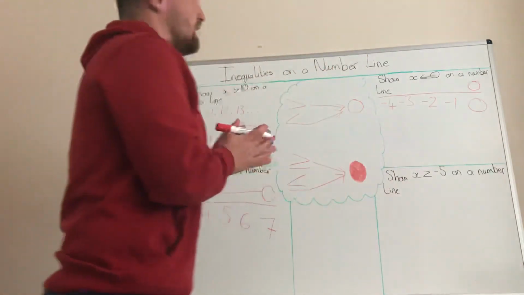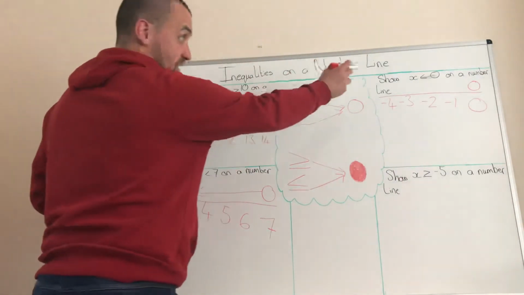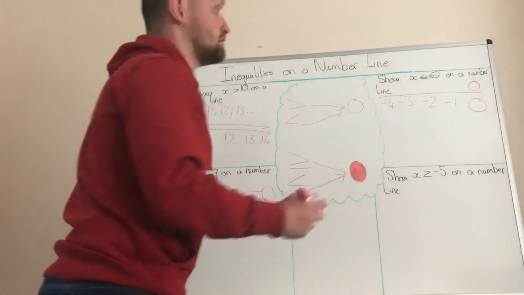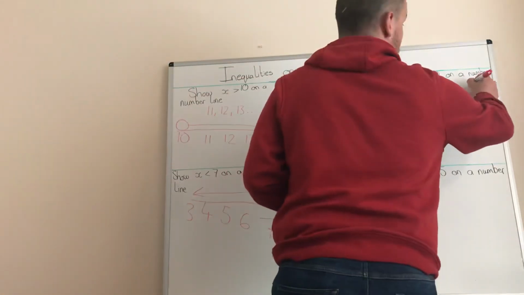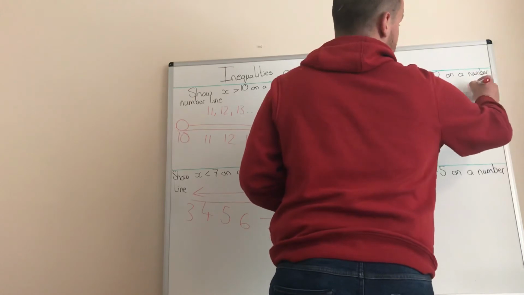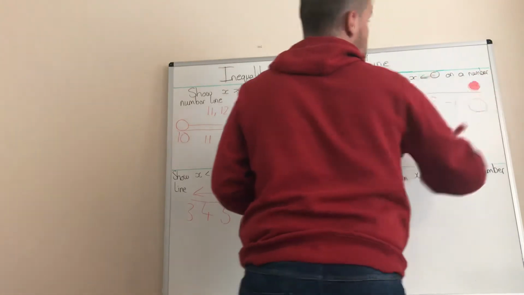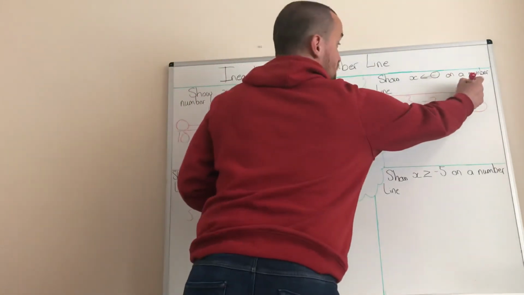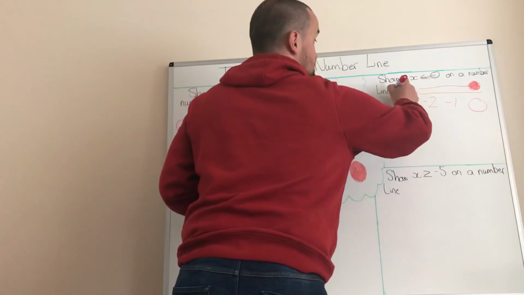Now, slightly different here, we've got a less than or equal to sign. Less than or equal to gets a coloured in dot. So we can do a nice little bit of colouring in. It doesn't have to be perfect. It just has to be obvious that it is coloured in. And for it to be less than or equal to 0, the line has to go this way.